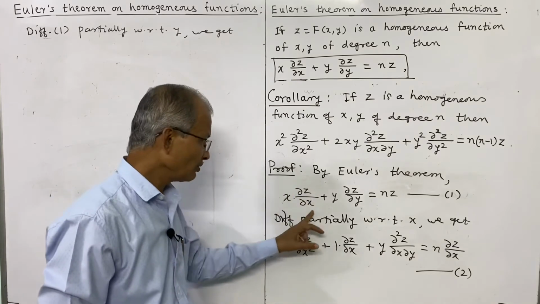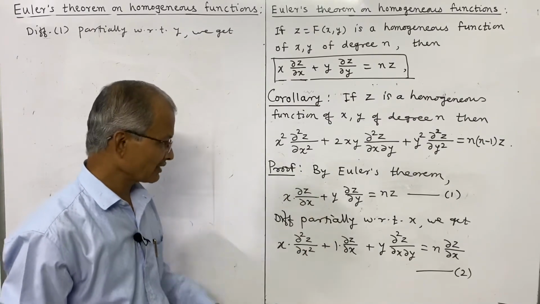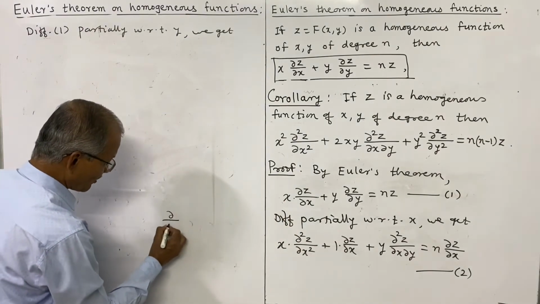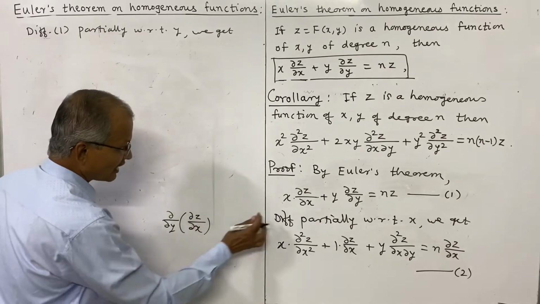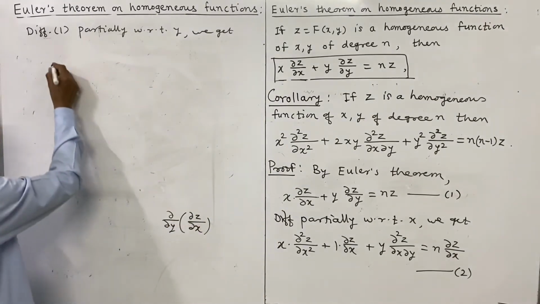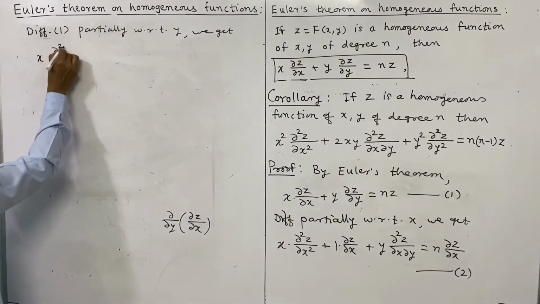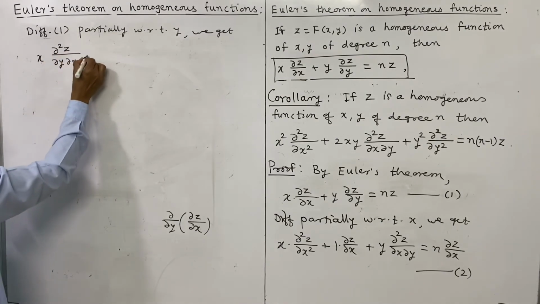We don't know whether it is entirely of x or y, so its partial derivative is written in this form, ∂/∂y of ∂z/∂x. So x remains as it is, and this derivative is ∂²z/∂y∂x, plus.